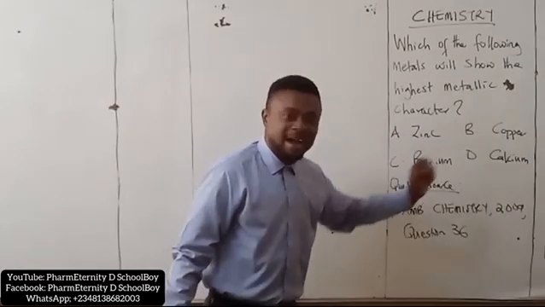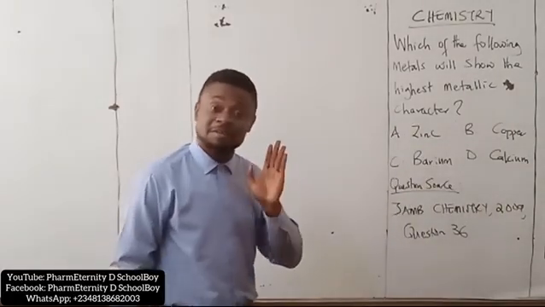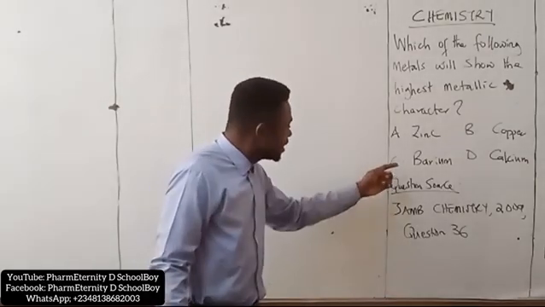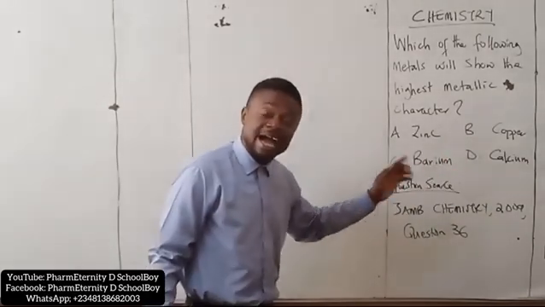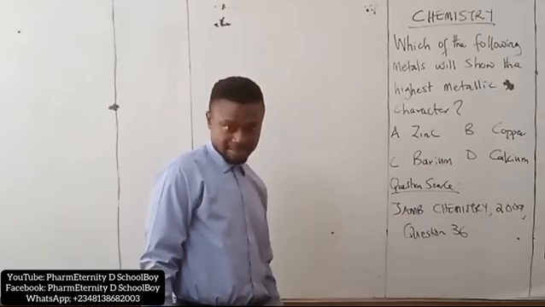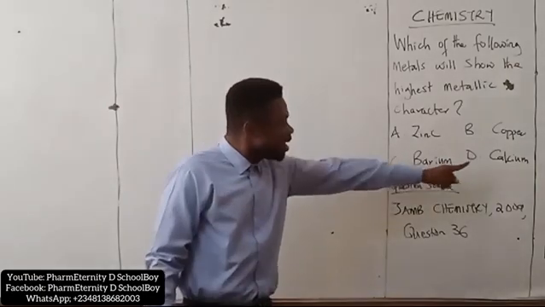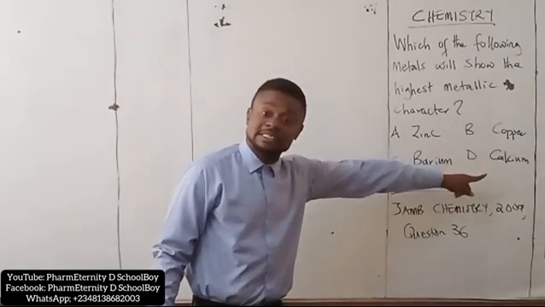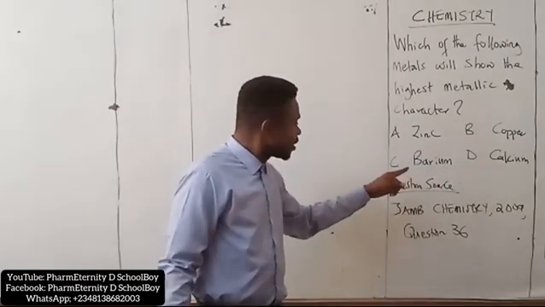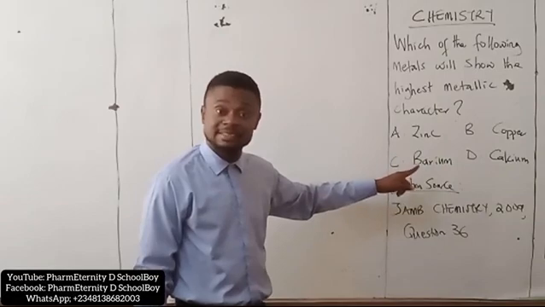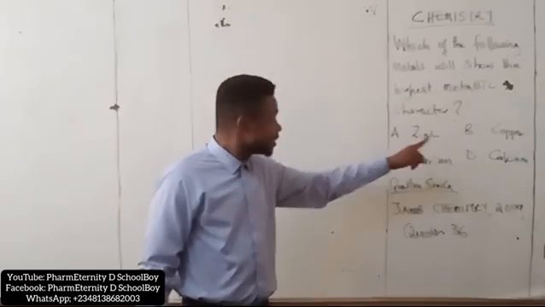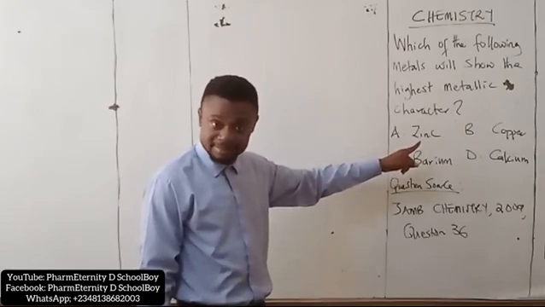Zinc and copper are transition metals, while barium and calcium are alkaline earth metals. Calcium has atomic number 20. Barium has 56. Copper has 29. Zinc has 30.